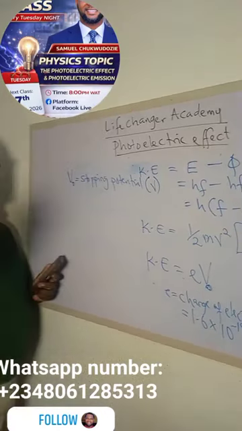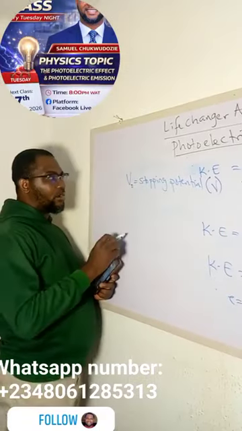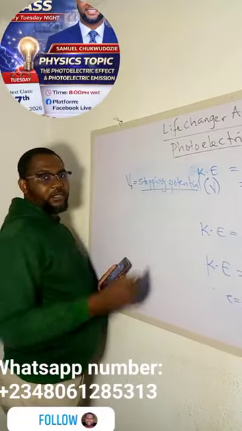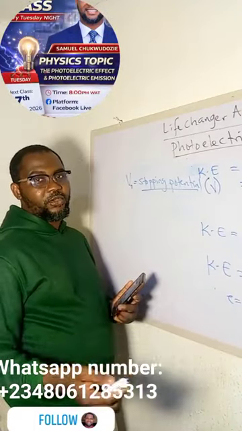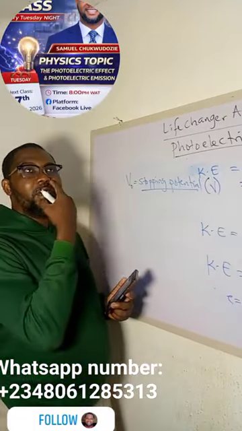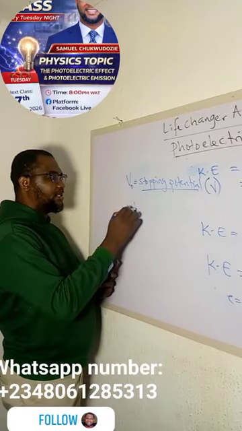Now, the next thing I would like to talk about here is what we call stopping potential. There are two things I'm going to say about stopping potential. Number one, stopping potential helps us to measure the maximum kinetic energy.